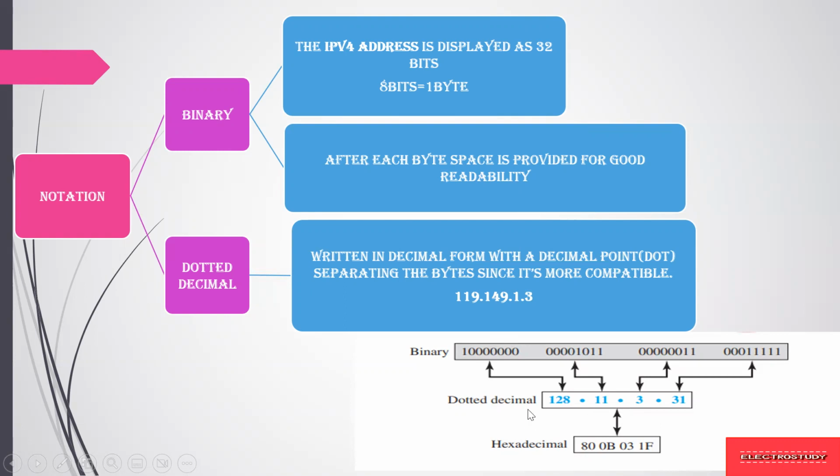These two are the main notations we use for forming an IP address. There is another format, the hexadecimal format, which you derive from the dotted decimal. Actually, we don't use this format; we mostly use only the binary or the dotted decimal format.